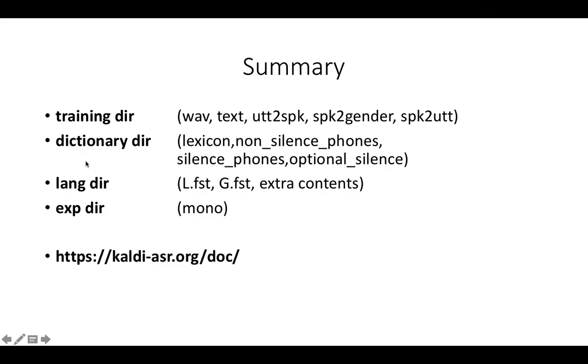And in the lang directory we should have lexicon FST, whose input is phones and output is words, and the grammar, whose input is the grammar and output is the grammar, and the exp directory, which contains different kinds of experiments with Kaldi.